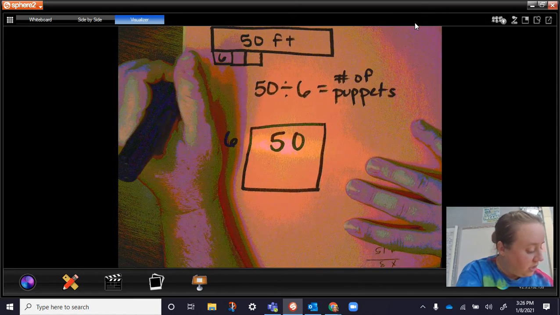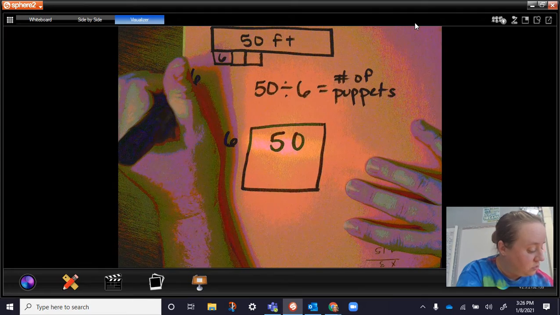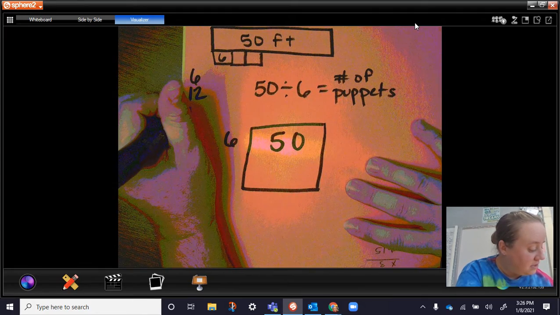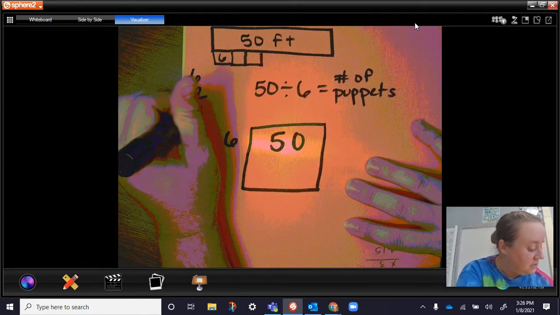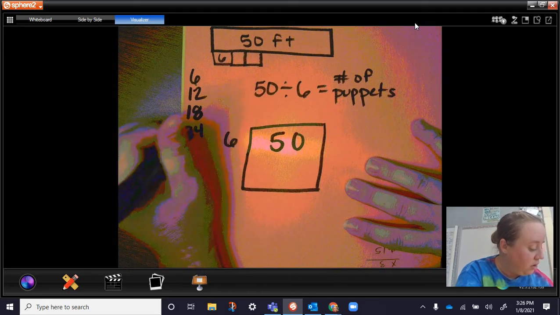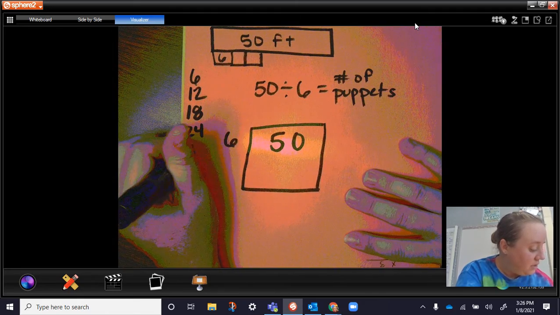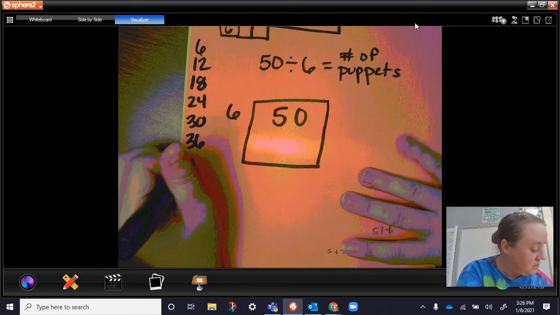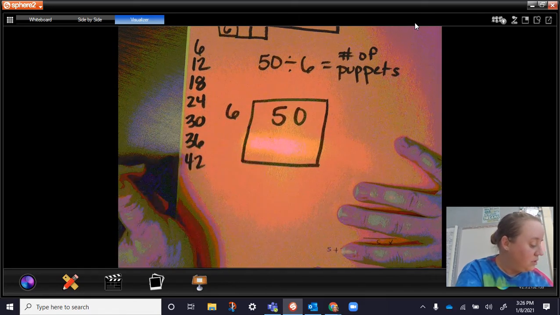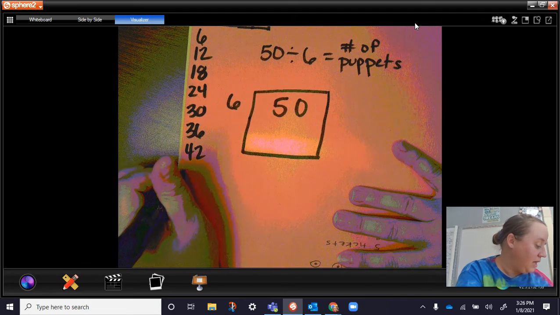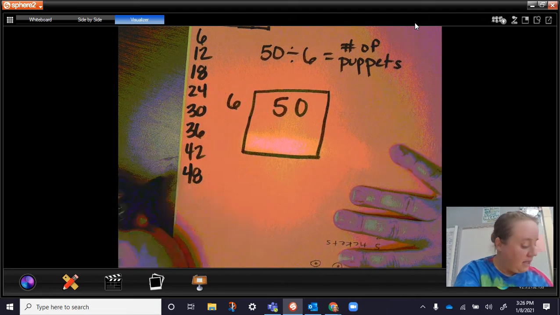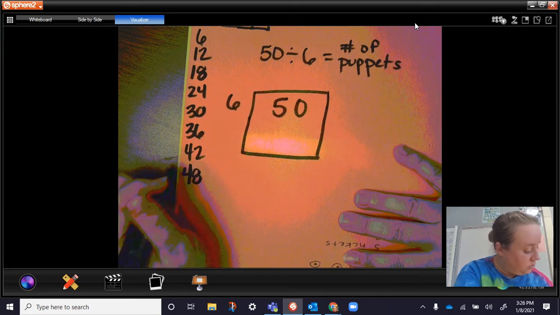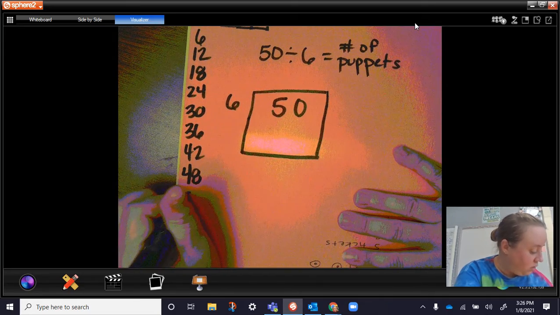One group would be 6, 2 would be 12, 6 times 3 is 18, 6 times 4 is 24, 6 times 5 is 30, 6 times 6 is 36, 6 times 7 is 42, 6 times 8 is 48, and 6 times 9 is 54.